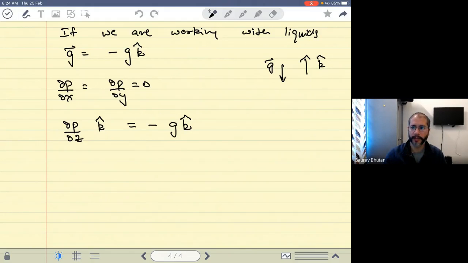The x and y components, if you add them, will be 0 because there are no i or j components on the right hand side. So what that gives us is that del p by del z is minus rho g. In fact, I can write dP by dz because I already know that pressure is not a function of x or y from this condition.